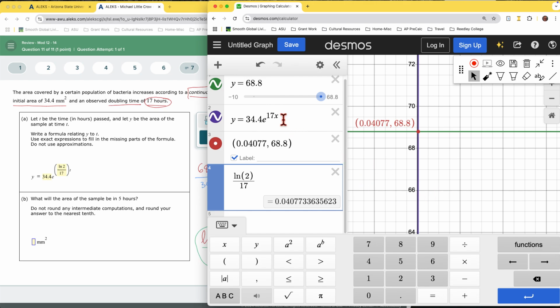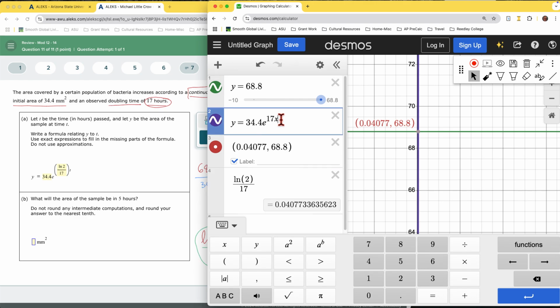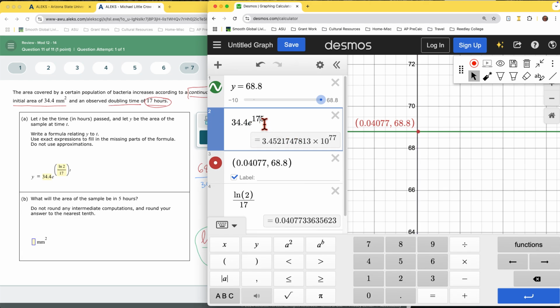So I guess the quick and easy way is we could change this and just put a 5. I'm going to take off this y, change that x to a 5. I got to put times 5. There we go.